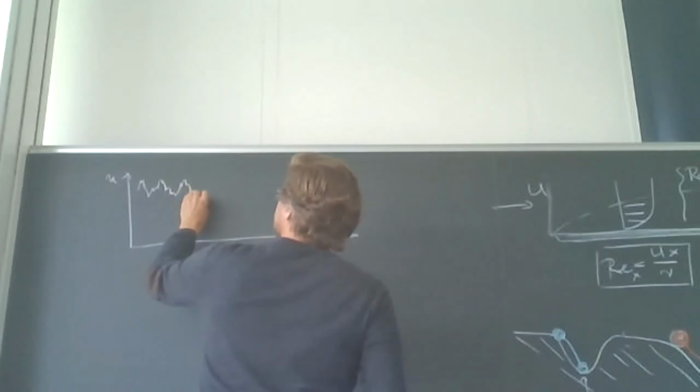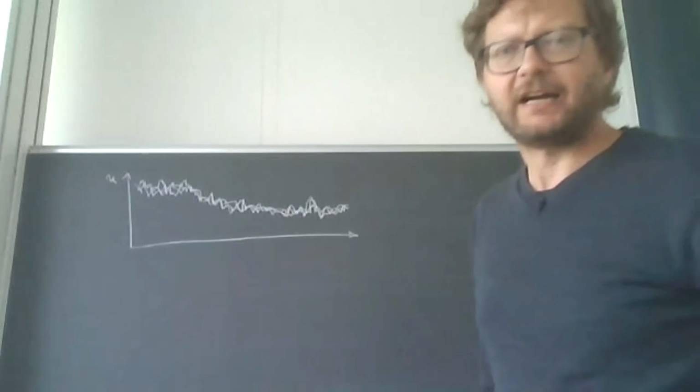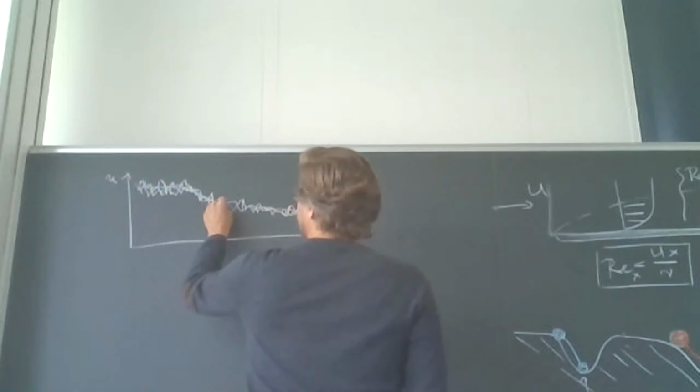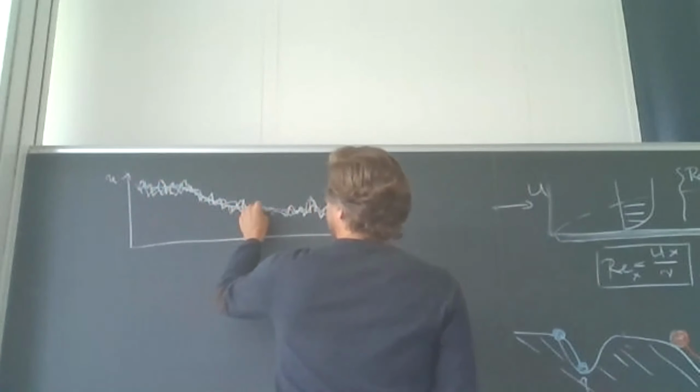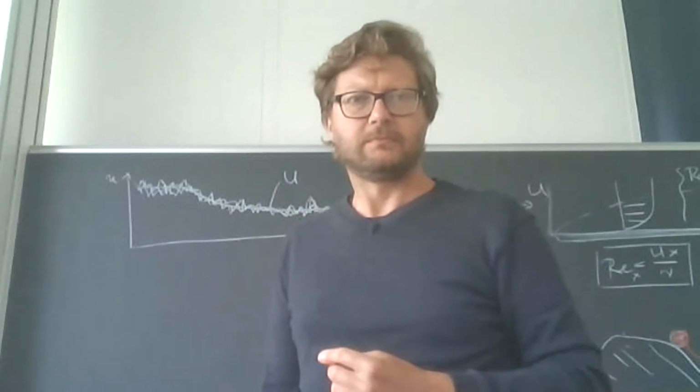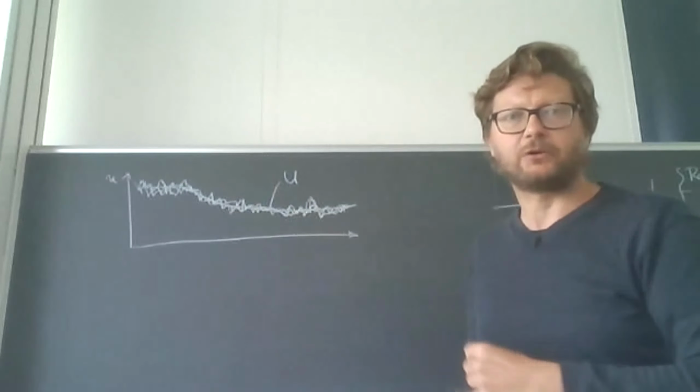But with the bare eye from looking at this, you probably recognize the structure. You see that there's some kind of development which looks the same, a mean development. So wouldn't it be nice if we can describe a mean velocity U, capital U now, not lowercase u.